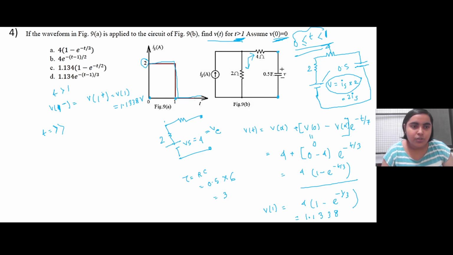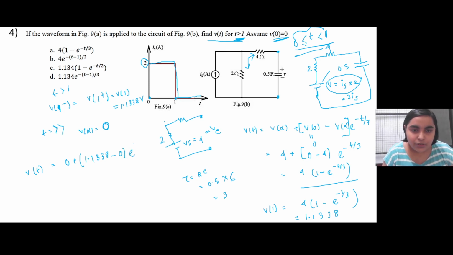So the voltage at infinity for this circuit, when there is no current pulse here, will be equal to 0. So the new equation will be v equal to v of infinity, which is 0, plus 1.1338 minus 0, right?